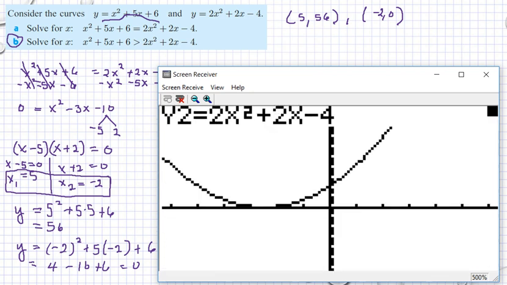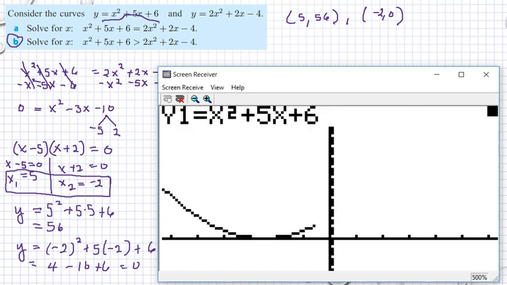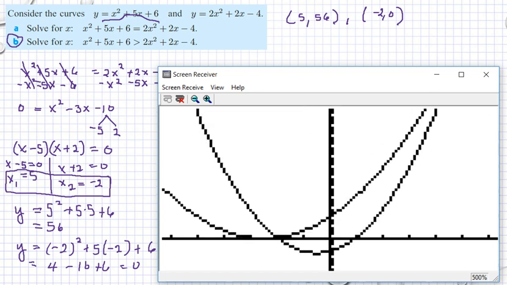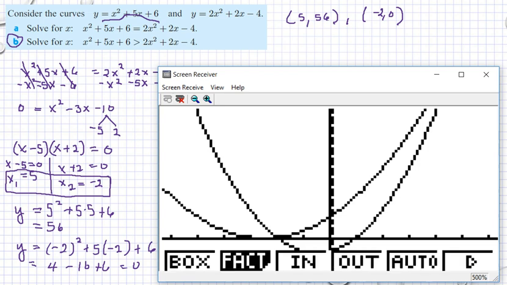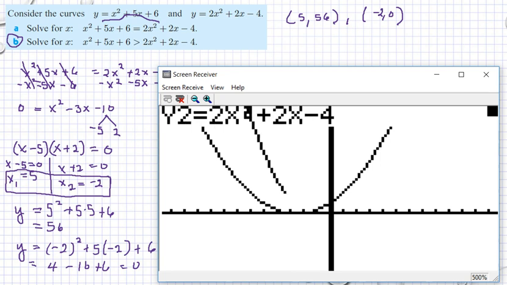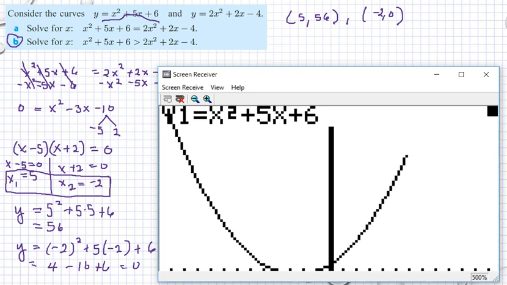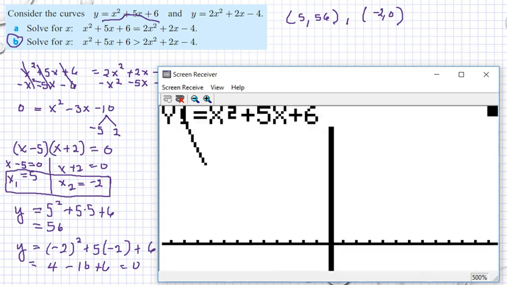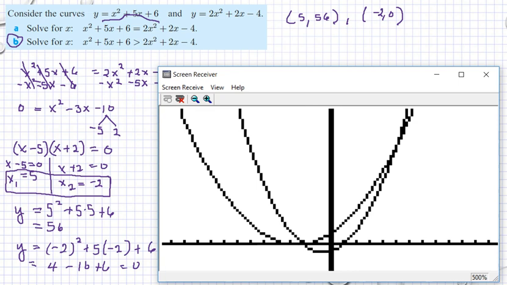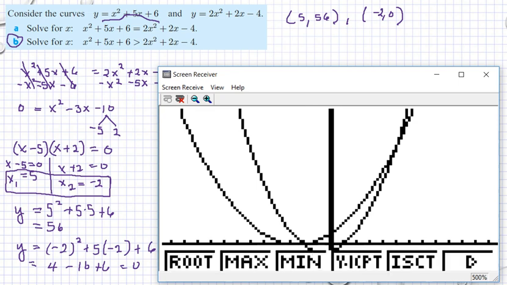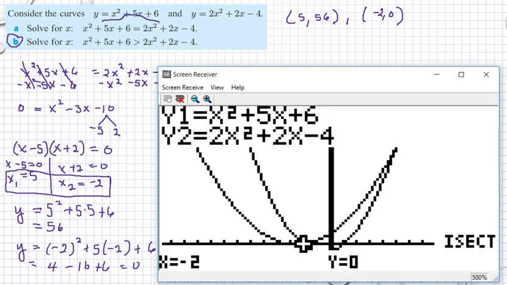And if we draw that line, I don't see that, so I'm going to zoom out. There you go. Better. And if you push F5, then we have the intersection once again. We have negative 2 and 0, and the other one is 5 and 56.